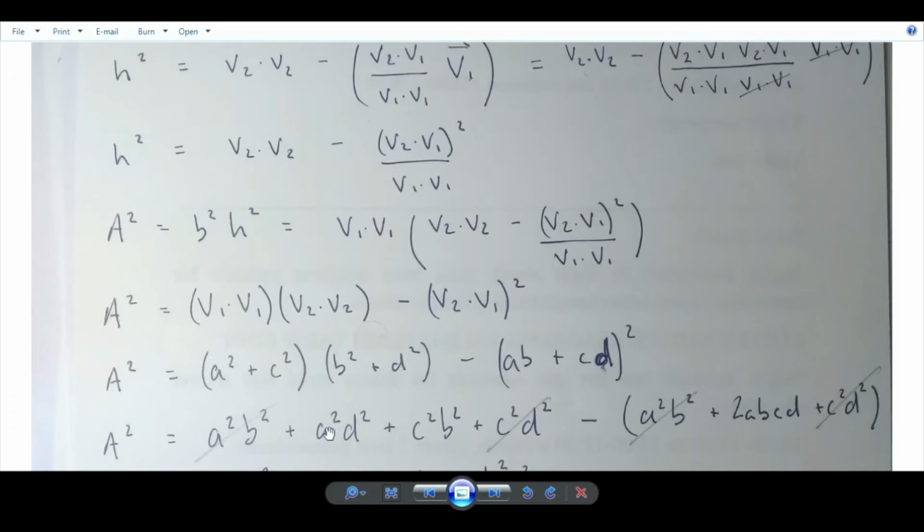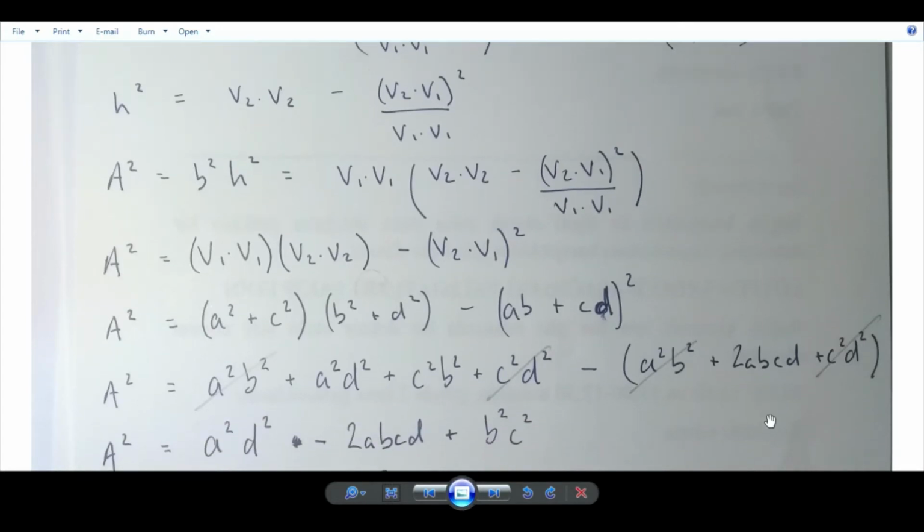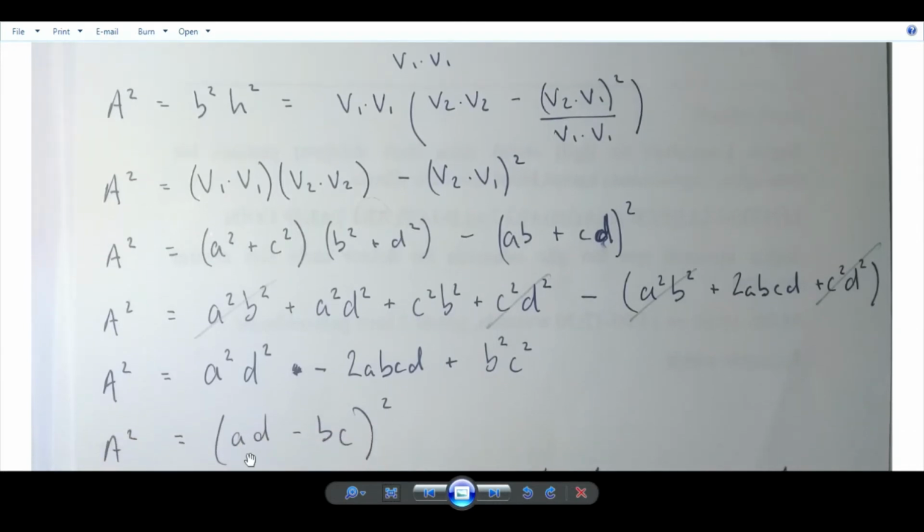I have 3 terms left, and if I write them down, I end up with that. That looks a little bit familiar: if you swapped all those terms for x squared minus 2xy plus y squared, you'd see you could write x minus y squared. In our case, the equivalent terms.